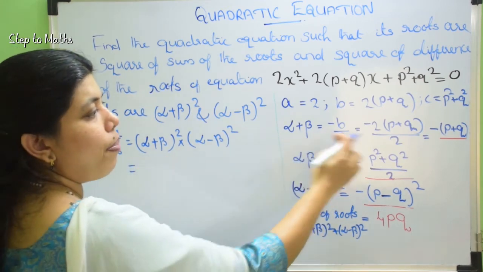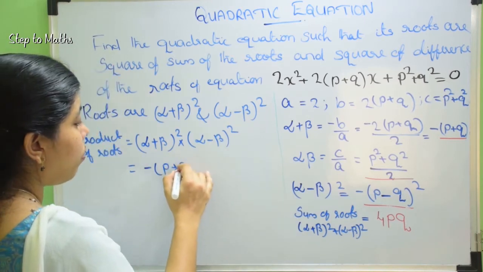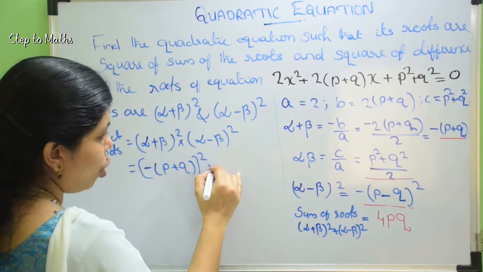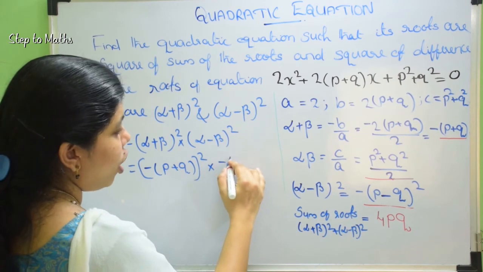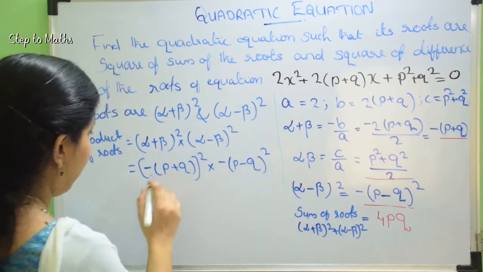The value of alpha plus beta is minus of p plus q, and its whole square, into alpha minus beta square, whose value is minus of p minus q square.